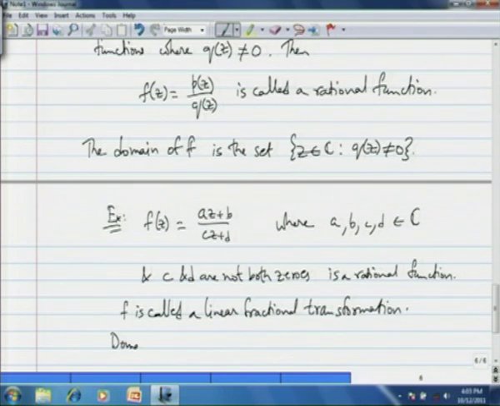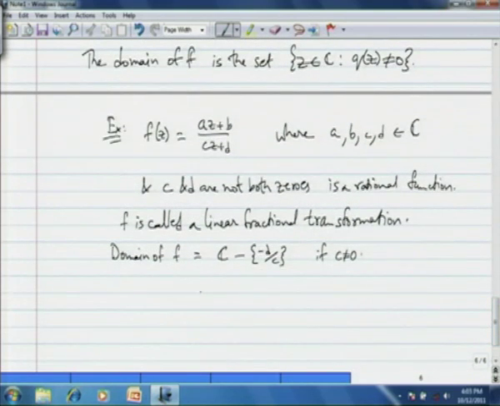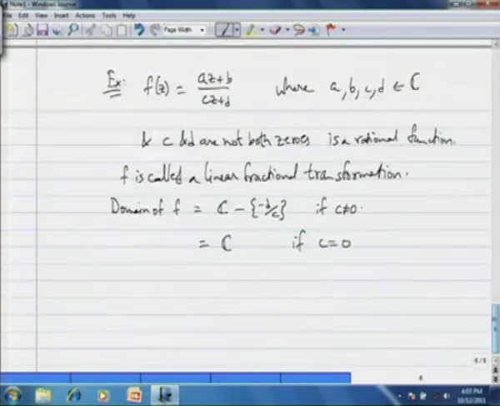And the domain of f is essentially all of the complex plane minus the set minus d by c, okay, if c is not 0. Okay. So, and the domain is all of C if c is indeed 0. Okay. So, that is a rational function.